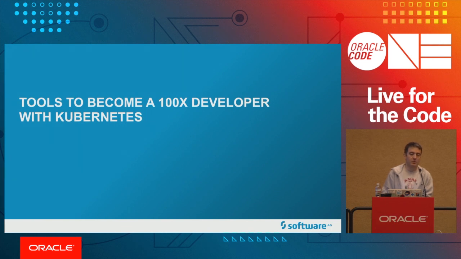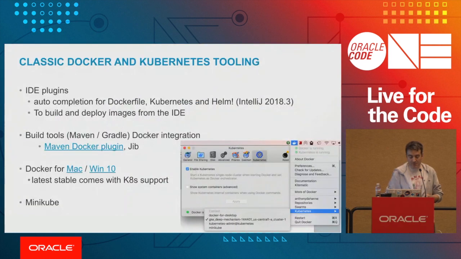Okay, let's move on to developer tools. As I said earlier on, you add complexity: on top of your Java application, containerization, orchestration. How can you still be efficient at developing stuff?